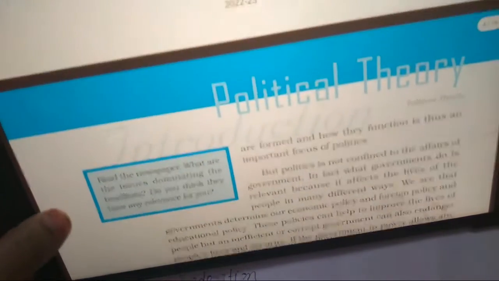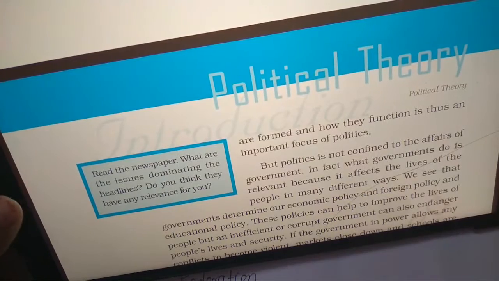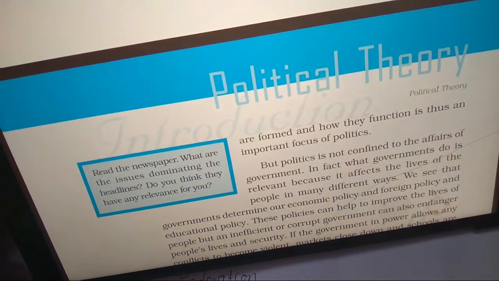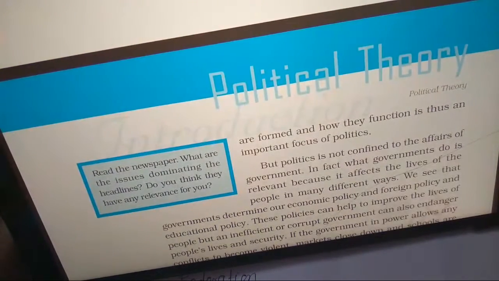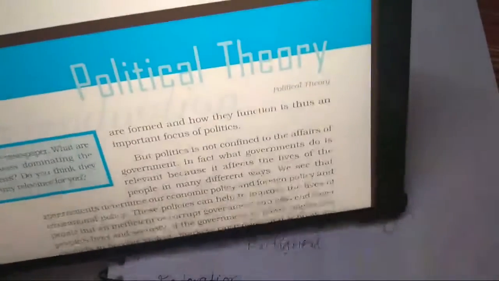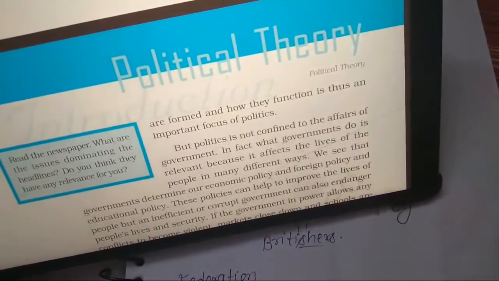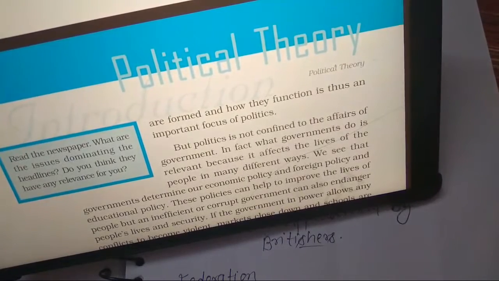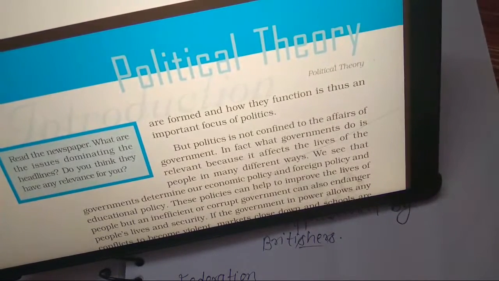How governments are formed and how they function is thus an important focus of politics, but politics is not confined to affairs of government. In fact, what governments do is relevant because it affects the lives of people in many different ways. We see that governments determine our economic policy and foreign policy and educational policy.